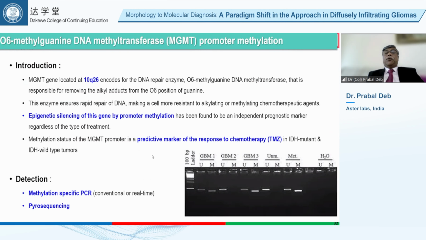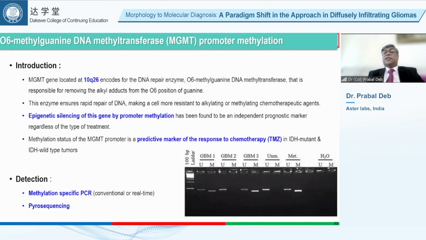This is MGMT promoter methylation. MGMT is a gene located at chromosome 10q26, which encodes for the DNA repair enzyme O6-methylguanine DNA methyltransferase. Why this is important is because this enzyme ensures rapid repair of DNA and makes the cell more resistant to alkylating or methylating chemotherapeutic agents.